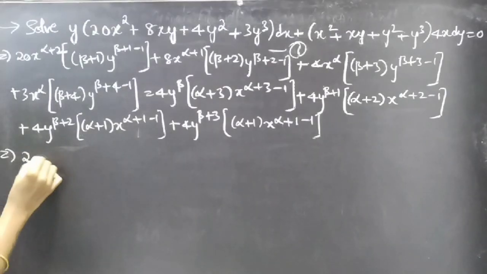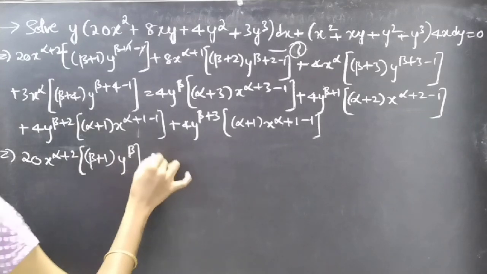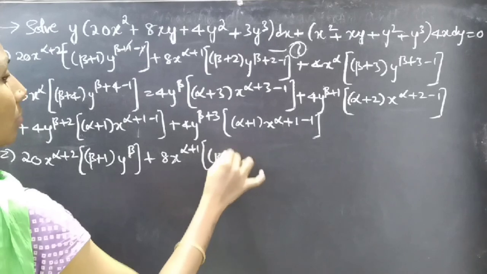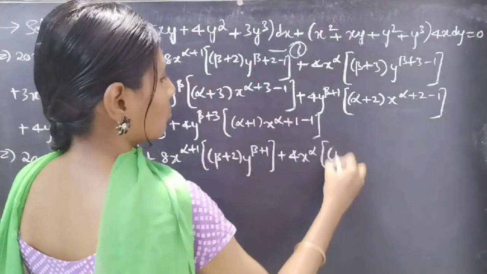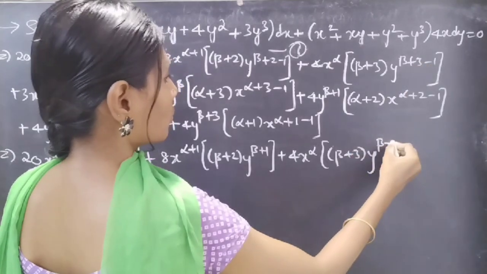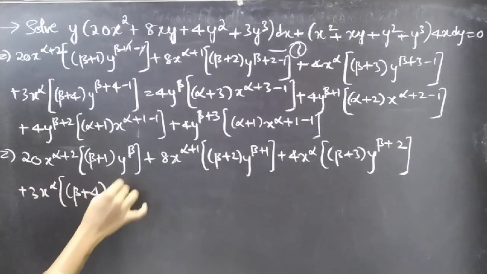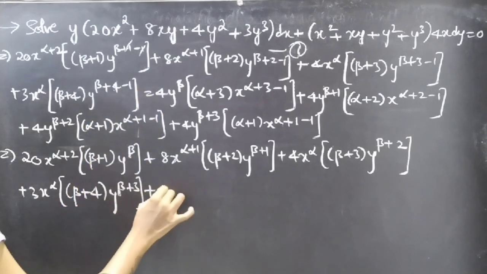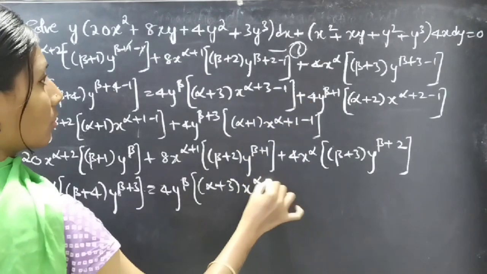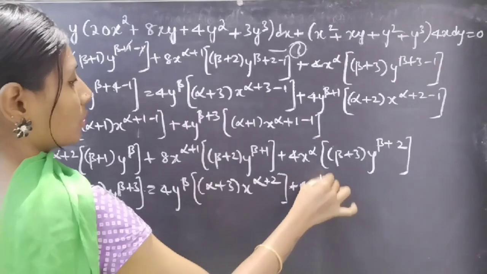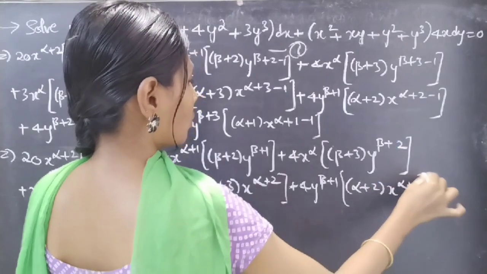This gives us 20x^(alpha+2) into, the 1 gets cancelled, and you'll get (beta+1) into y^beta, plus 8x^(alpha+1) into (beta+2) into y^(beta+2-1), which gives plus 1, plus 4x^alpha into (beta+3) into y^(beta+3-1), which gives plus 2, plus 3x^alpha into (beta+4) into y^(beta+4-1), which gives plus 3, equal to 4y^beta into (alpha+3) into x^(alpha+3-1), which gives plus 2, plus 4y^(beta+1) into (alpha+2) into x^(alpha+2-1), which gives plus 1, right?